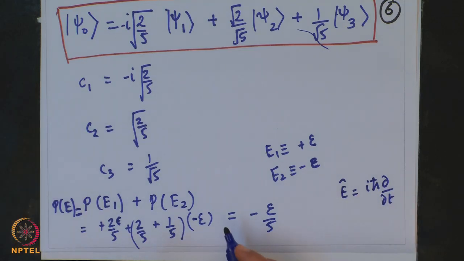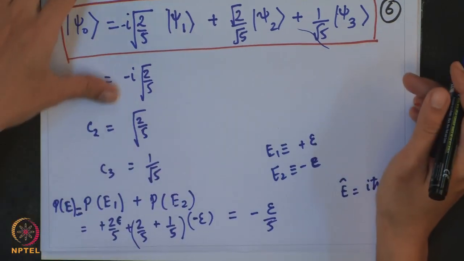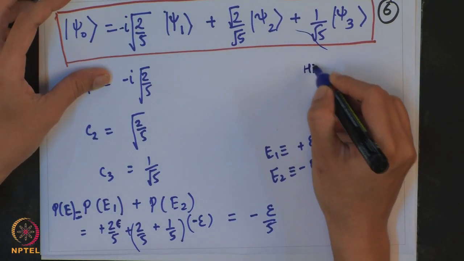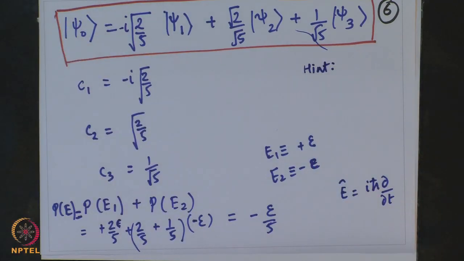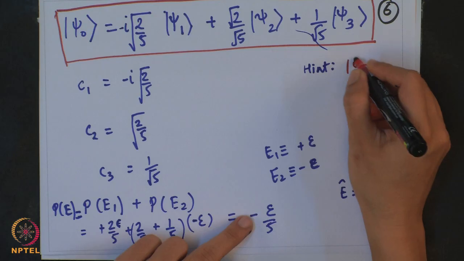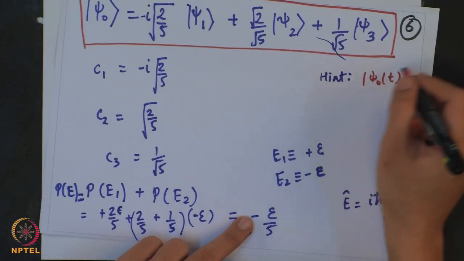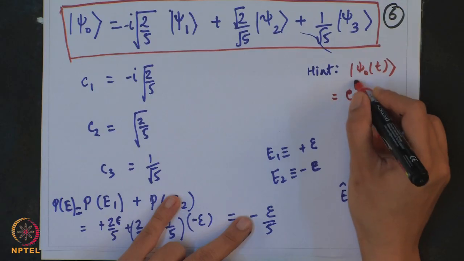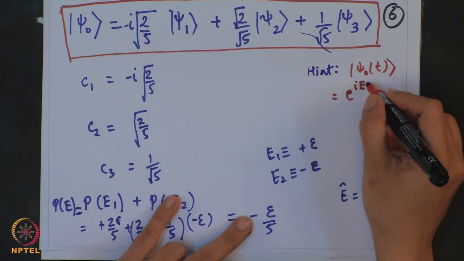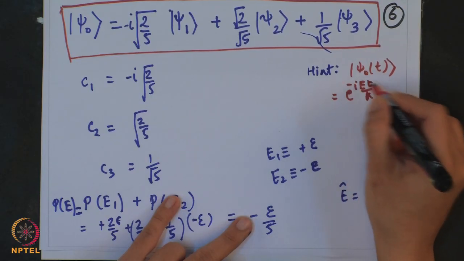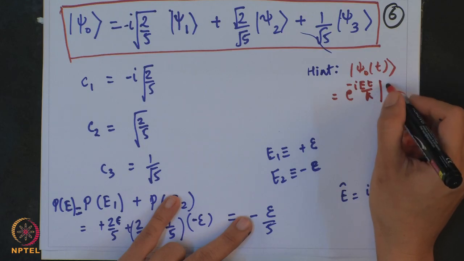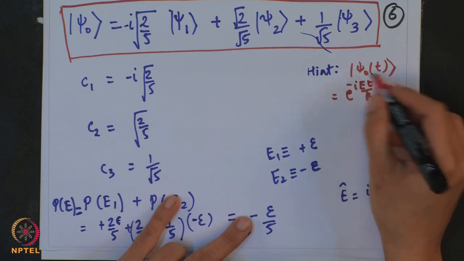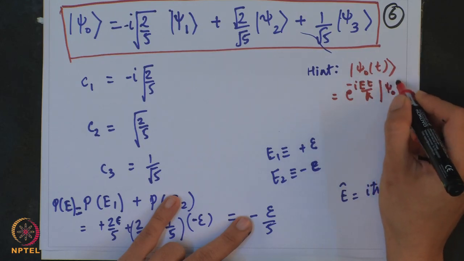So, for the expectation value of energy, let me give you a hint. You will write the wave function psi of t as e raised to i E t upon h cross times psi.